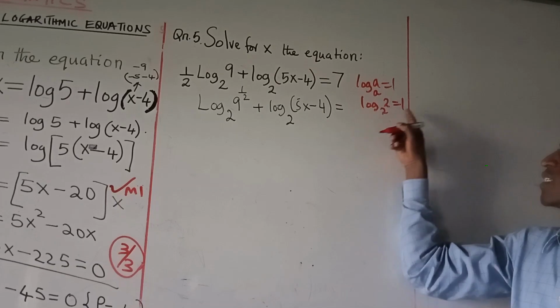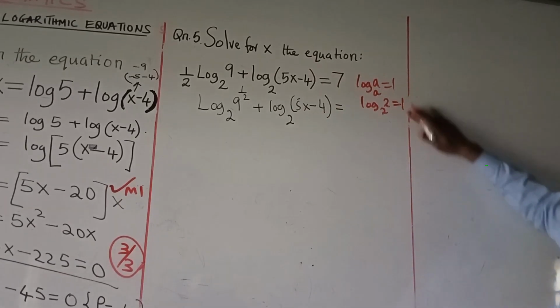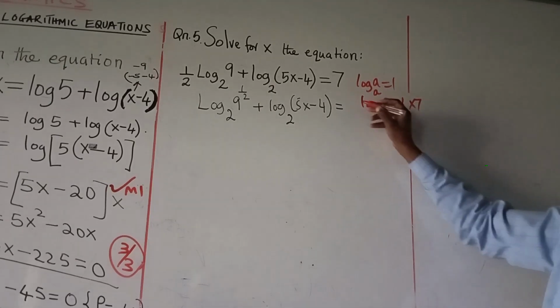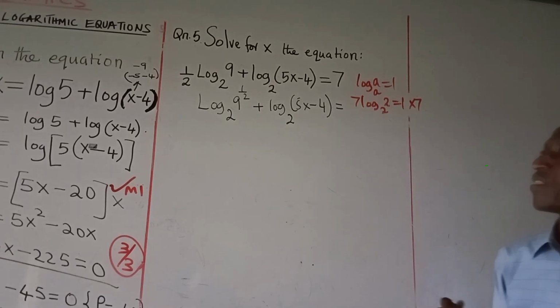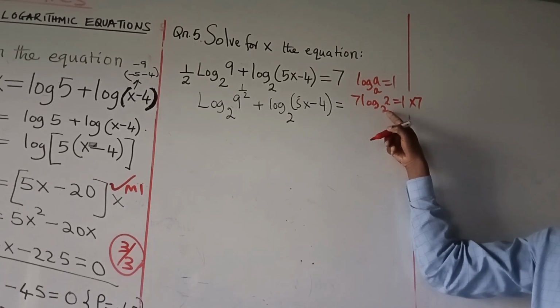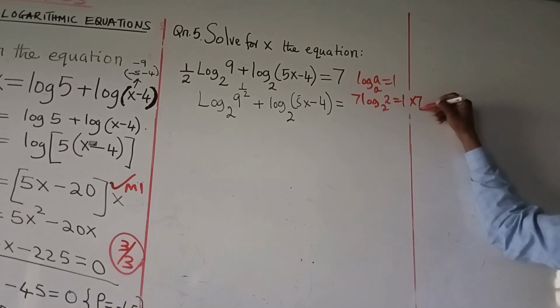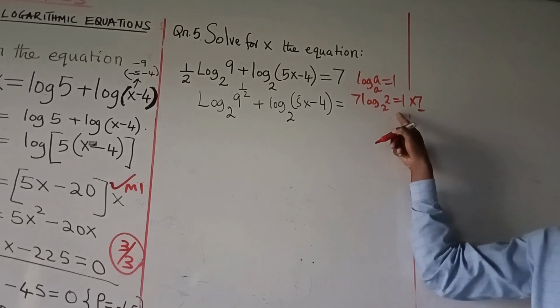If all this is a 1, then if we multiply this by 7, we have 7 log to base 2 of 2 being equal to 7. Our 7 can now be shown in this form.